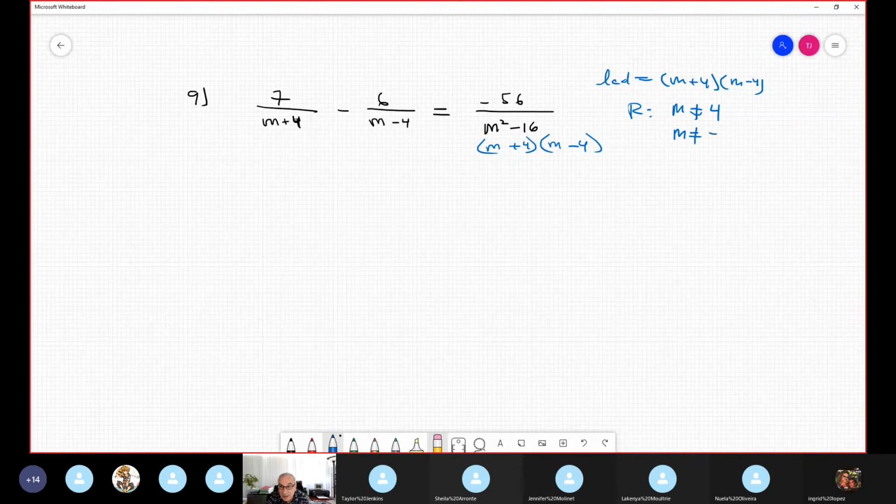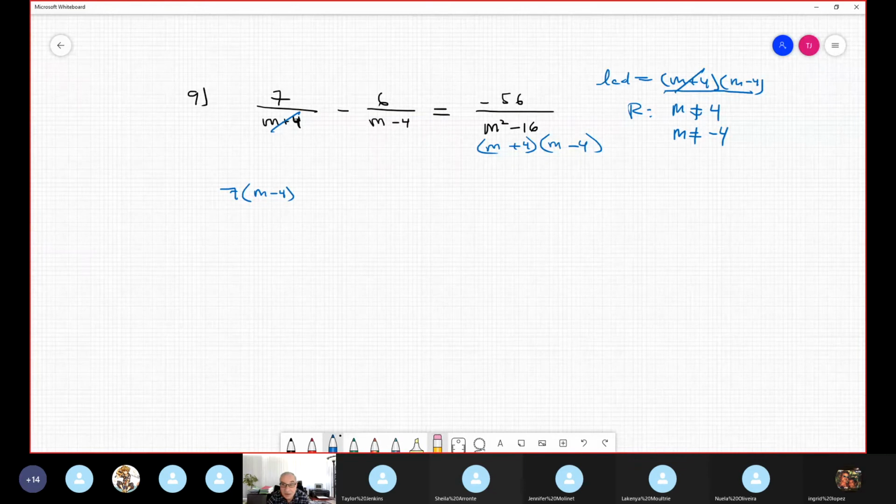Those are the bad guys, no good. Now multiplication. When you multiply by the LCD, let's do it quickly. For the first term, it's obvious: m plus 4 is cancelled, and it stays only 7 times (m minus 4).